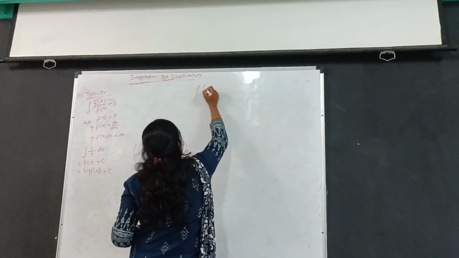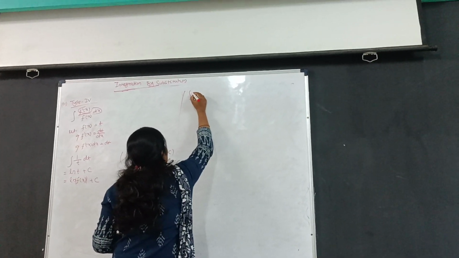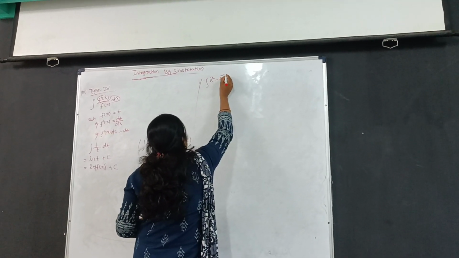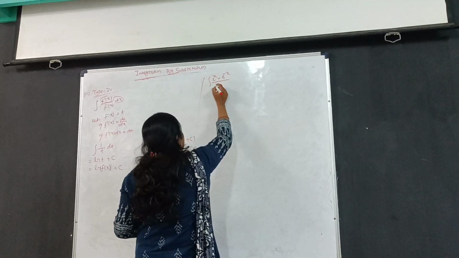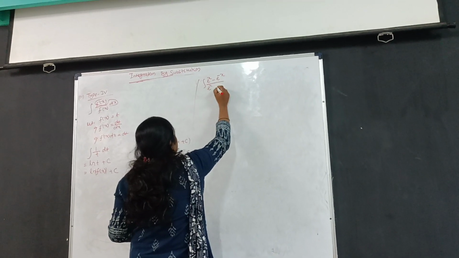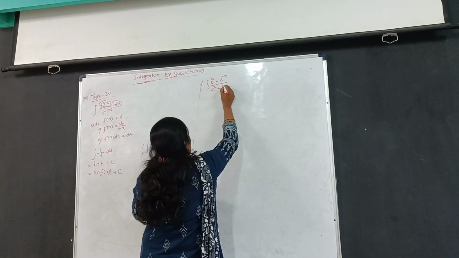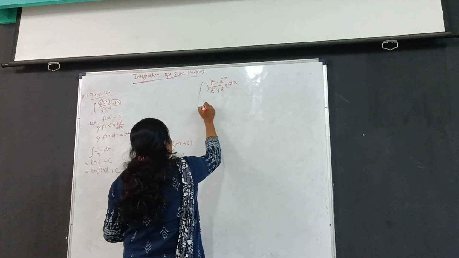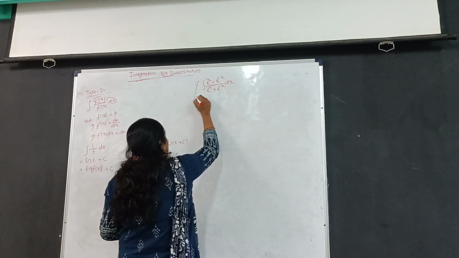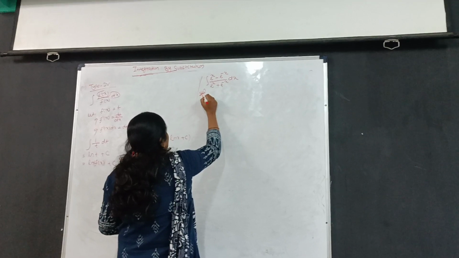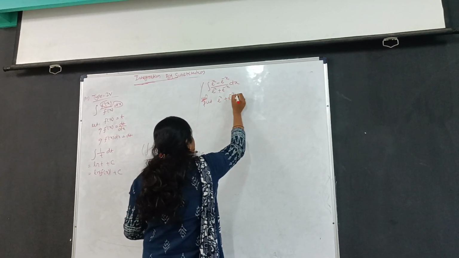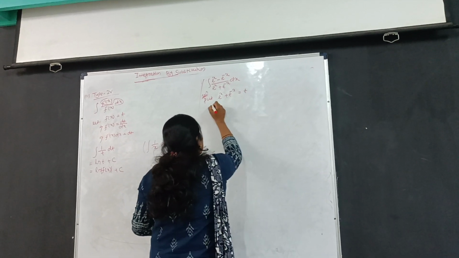Now let us take an example. Evaluate the integration of e to the power x minus e to the power minus x whole divided by e to the power x plus e to the power minus x dx. Now solve. Put e to the power x plus e to the power minus x is equal to t.